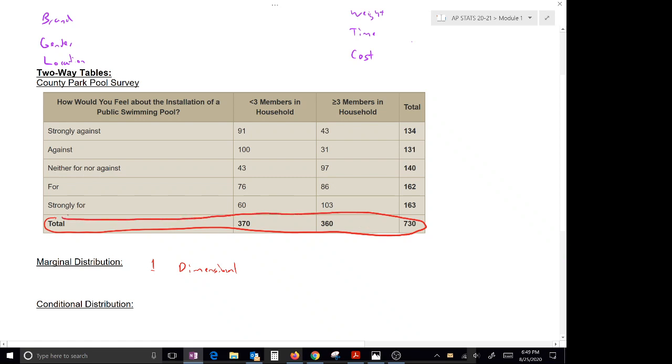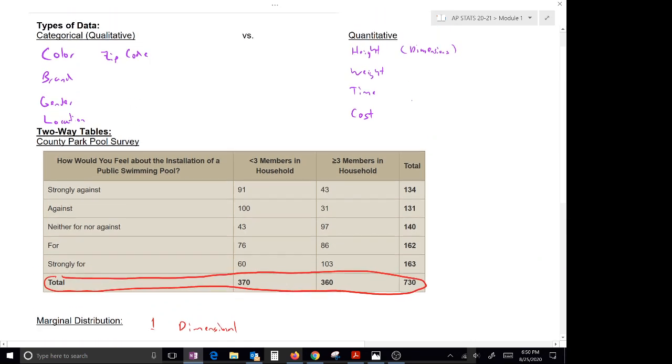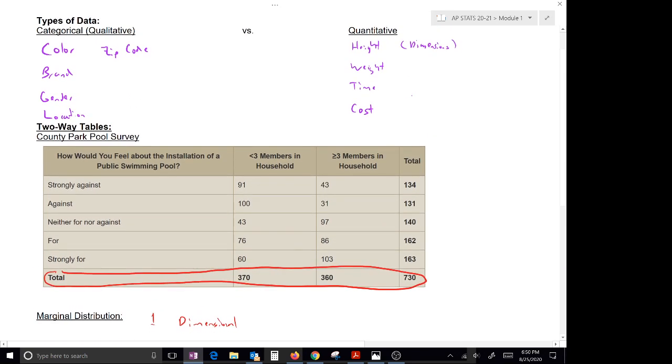So this would be a marginal distribution. It would be, for example, a breakdown of how many people in our survey had less than 3 members in their household and how many had more than 3 members in their house. I will say offhand that this is a category and it's barely a category. We are almost in the realm of a quantitative measure.